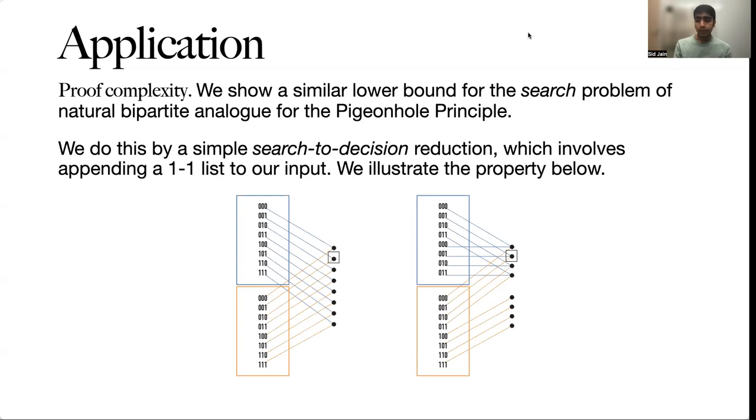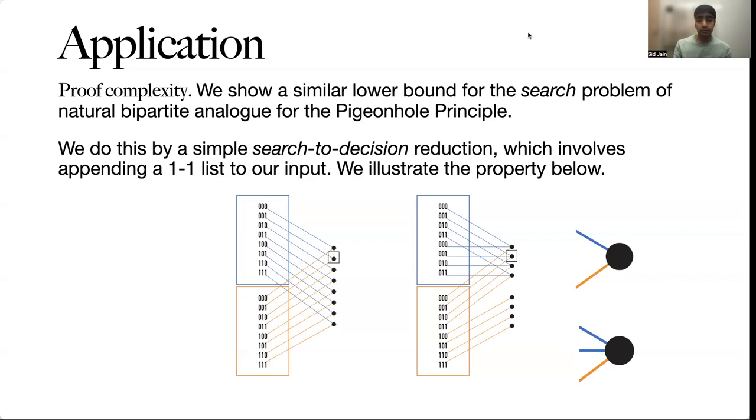Let's zoom in on these vertices. So what's happening here is that in the first case, we only have one kind of collision, which is between a blue edge and an orange edge. But in the second case, we have two kinds of collisions. We have collisions between a blue edge and an orange edge as before, but we also have a collision between two blue edges.